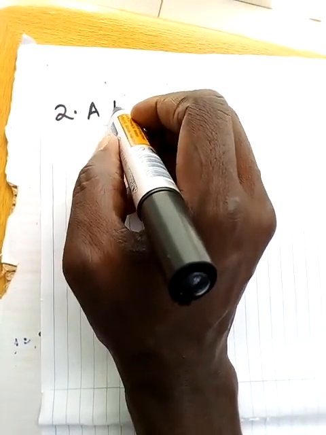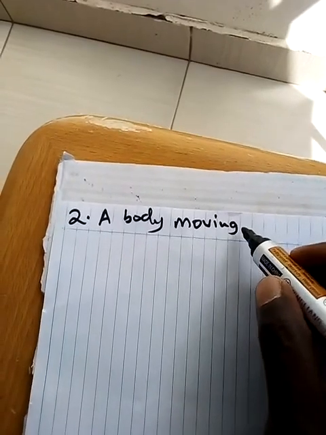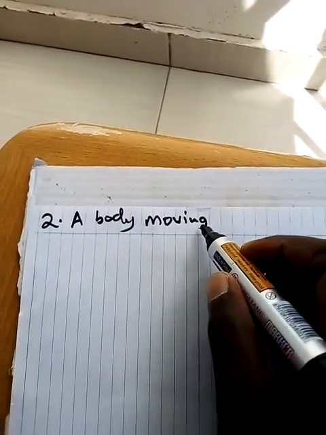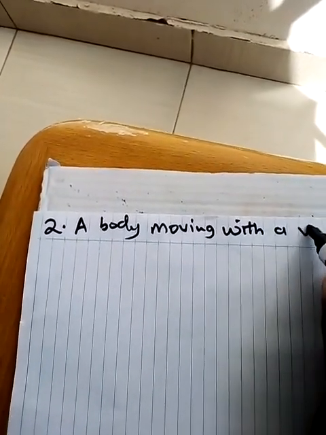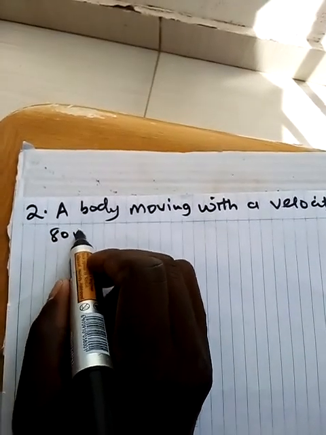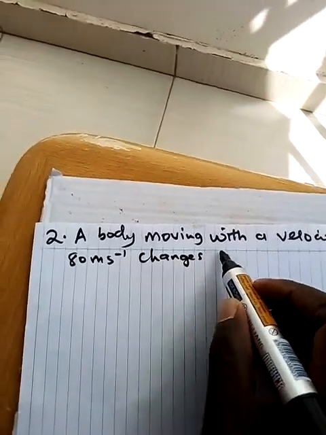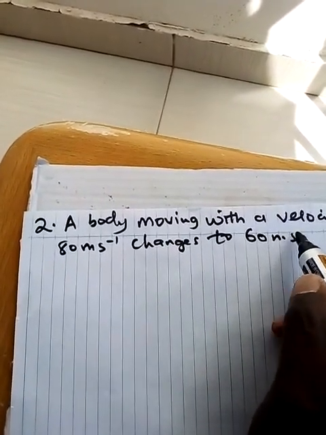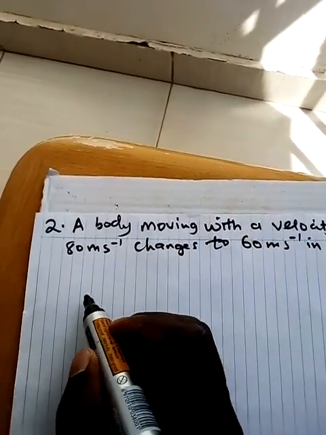A body moving with a velocity, as in the previous example, of 80 meters per second, changes to 60 meters per second in 2 seconds. Full stop.